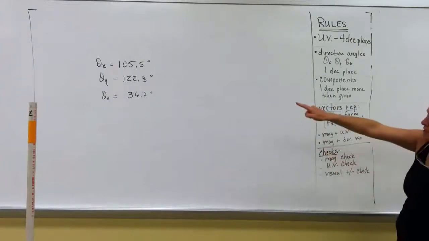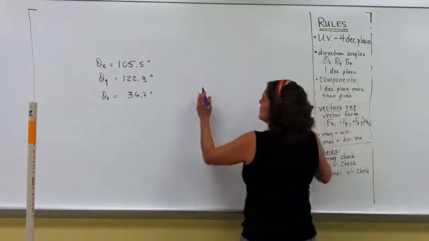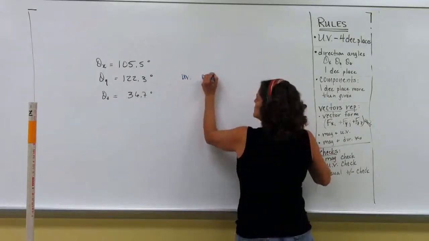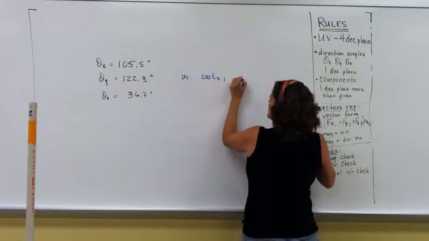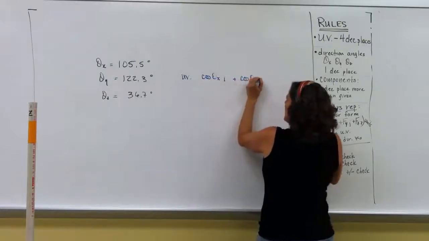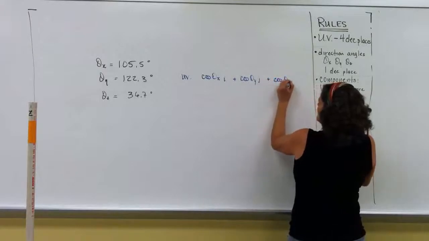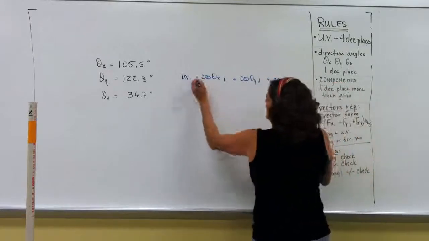Remember, when we solved for unit vectors, we're really finding the cosine of theta x i plus the cosine of theta y j plus the cosine of theta z k, right?